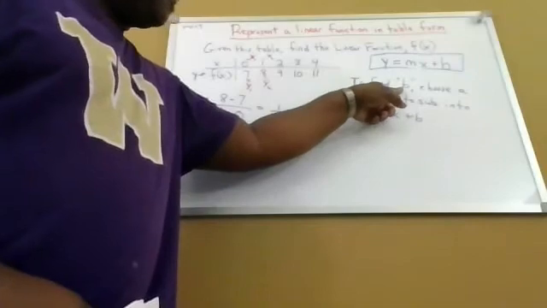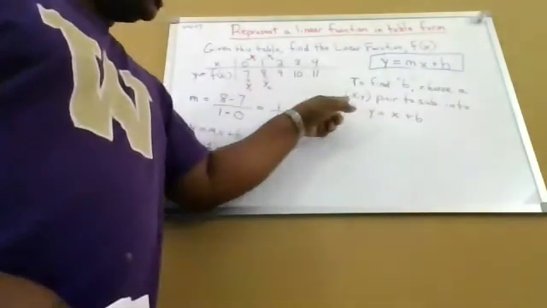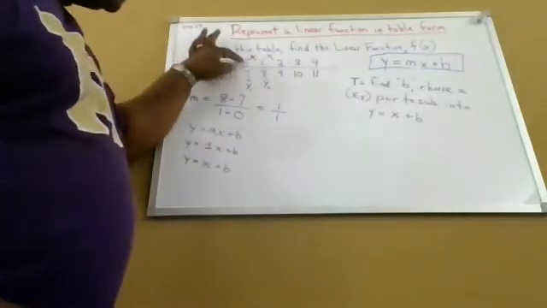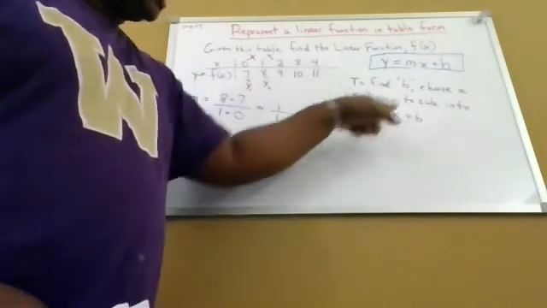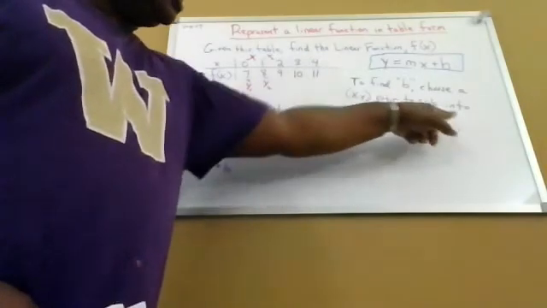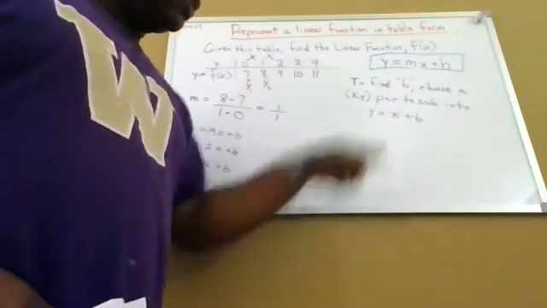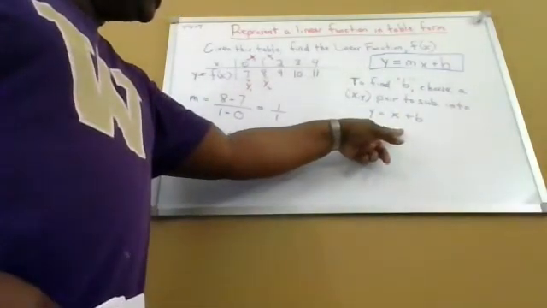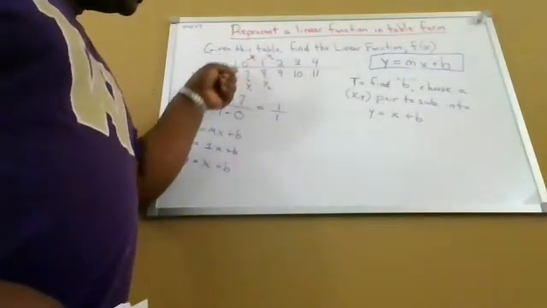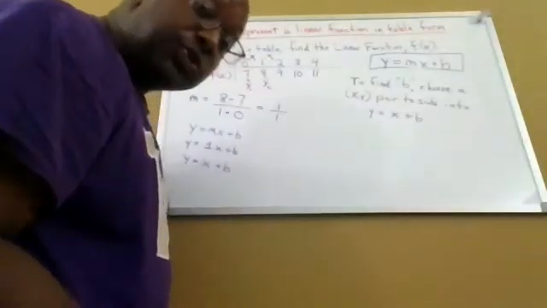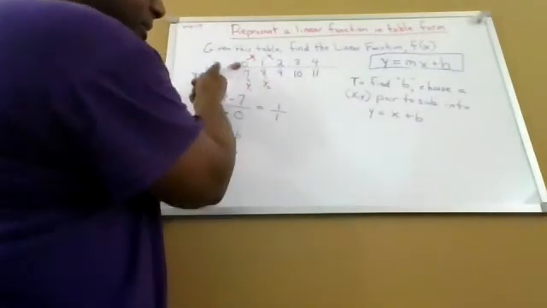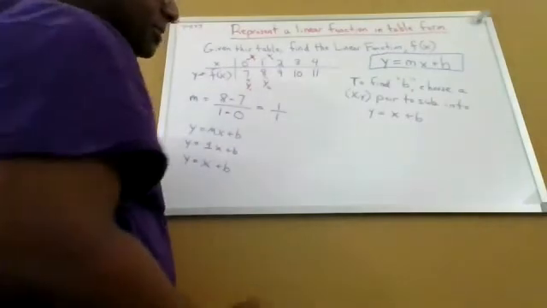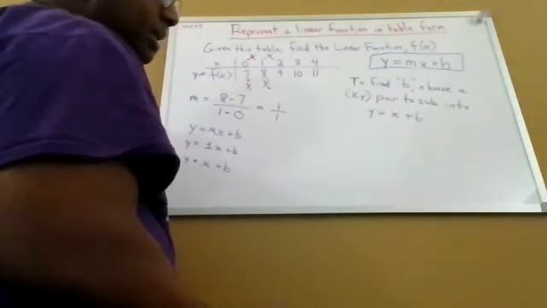To find b, we're going to choose any x, y pair, and we're going to substitute the x value into here, the y value into here, and then we're going to solve for b. So I'm going to choose my first pair, 0, 7. You don't have to choose that. You could choose any pair: 0, 7, 1, 8, or 2, 9. But I see I've got a 0 there, so I'm going to choose that because it makes solving for b a little bit easier.